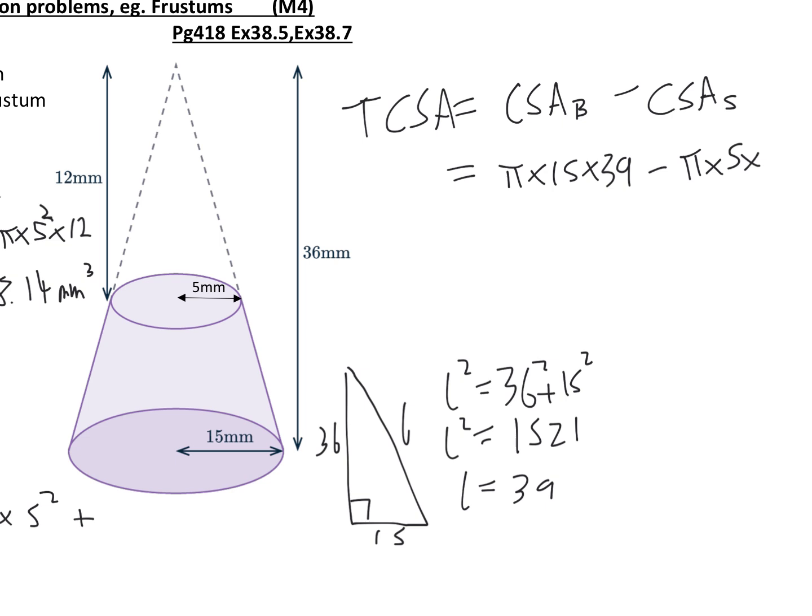So all dimensions are divided by 3 to stay in the same ratio, and it's because they are similar shapes. It sort of goes into M8 a bit, but if you aren't sure, you can just use your Pythagoras again. But we worked out that the large slant height was 39, so the small slant height would be a third of that, which would be 13.